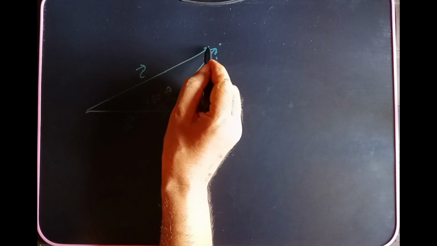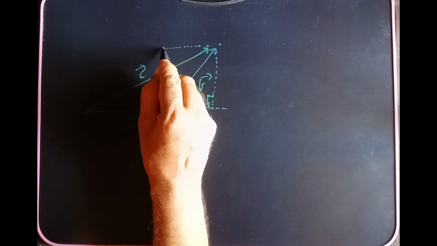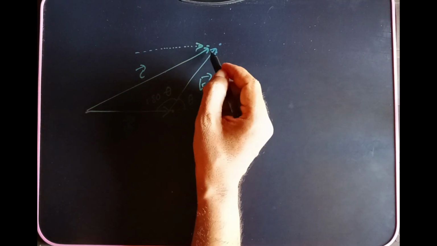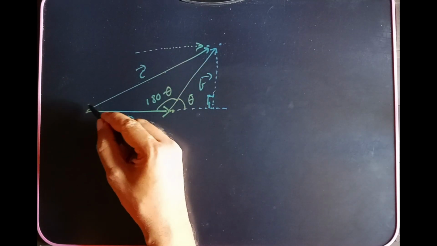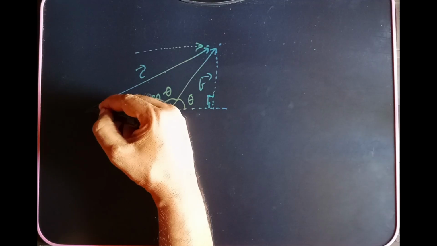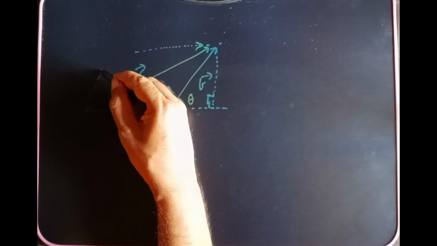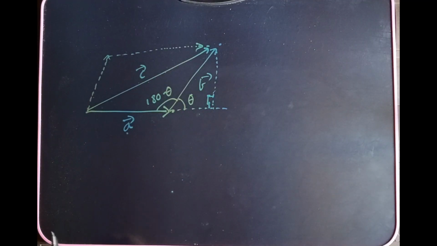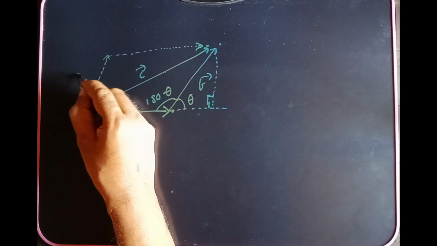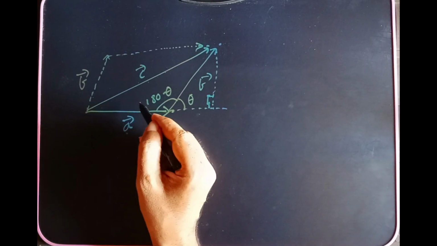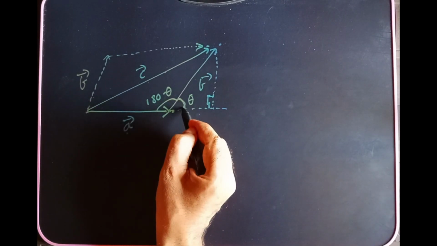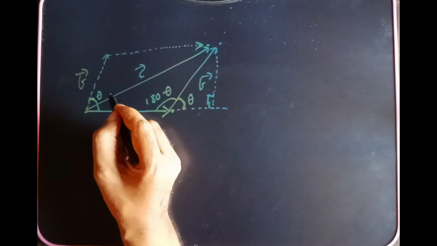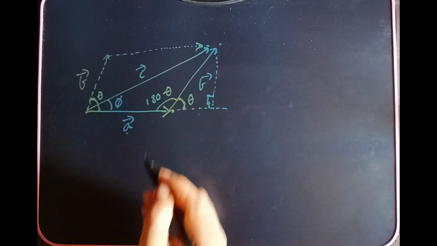I draw one arrow parallel to A, and another arrow parallel to B. Because it is parallel to B, this will also be theta, and this will be another angle called phi.